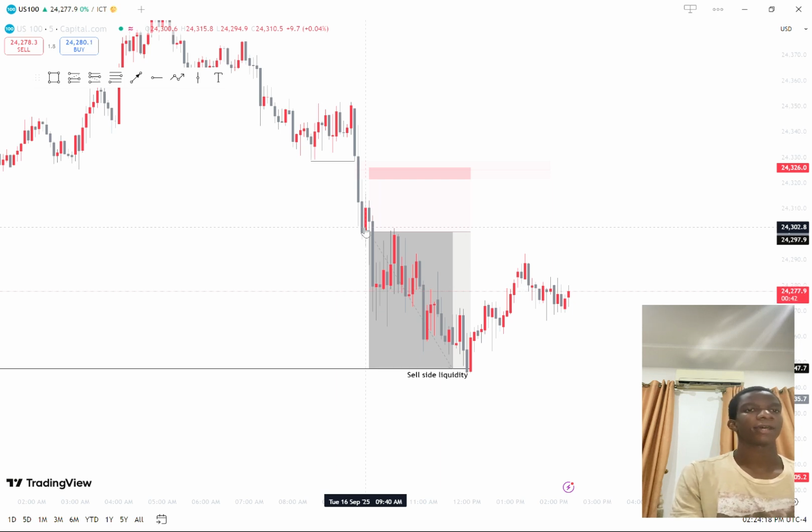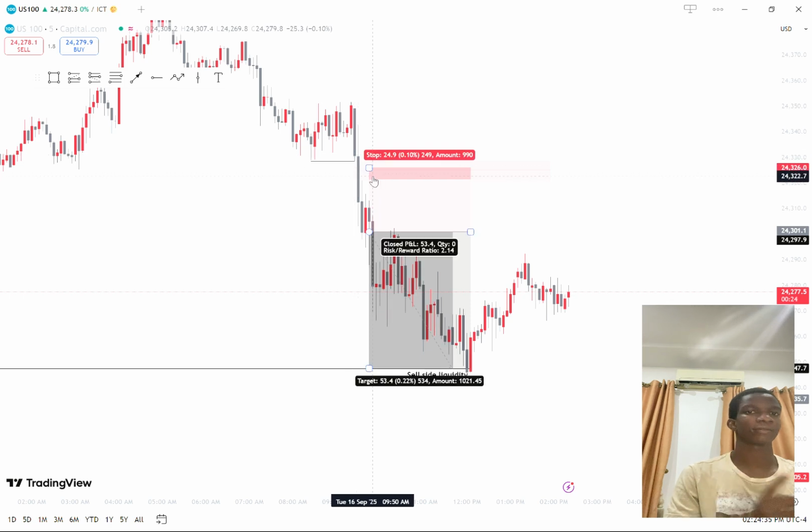So now the question is, how do I know that price wasn't going to retrace into the fair value gap? So basically, from what I backtested a couple months ago, you have to go into the 1-minute time frame to see if price would form a 1-minute fair value gap.